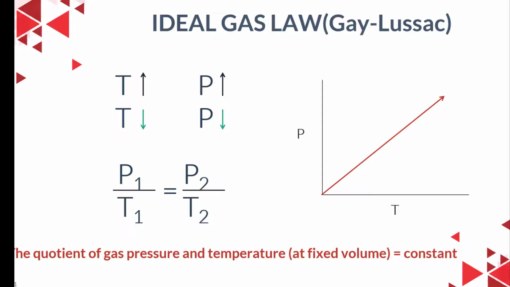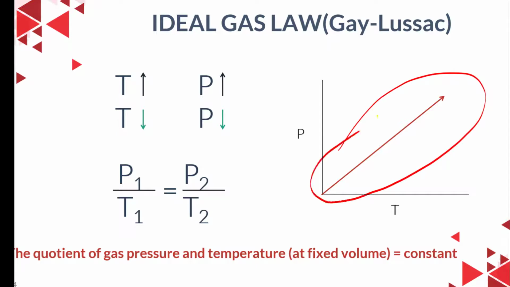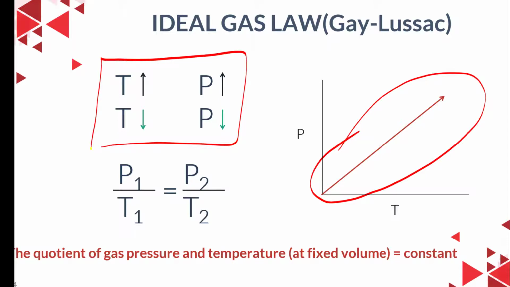The last is Gay-Lussac, which shows that the equation of gas pressure and temperature at fixed volume gives a constant number.